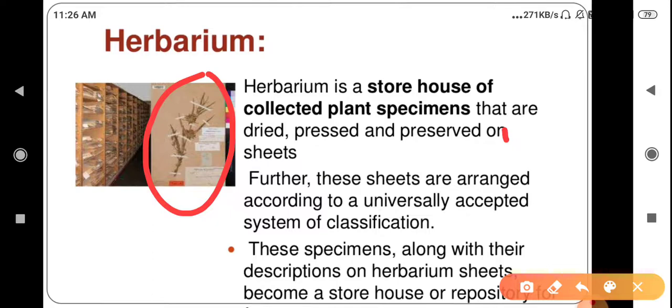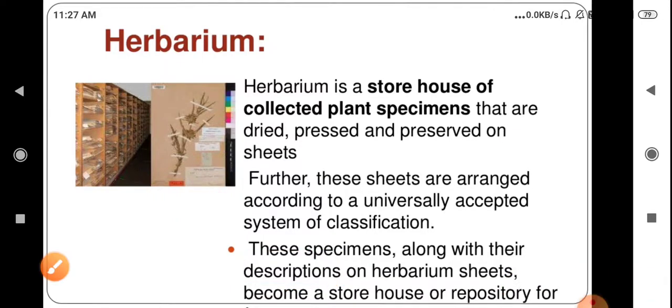These herbaria serve as a quick referral system in taxonomical studies. So this is herbarium.